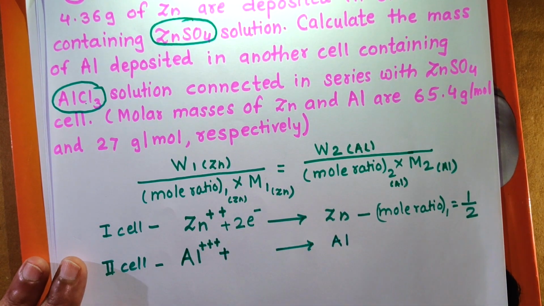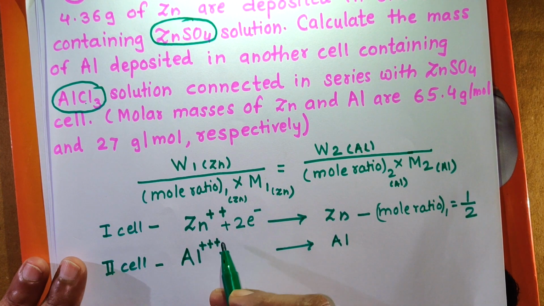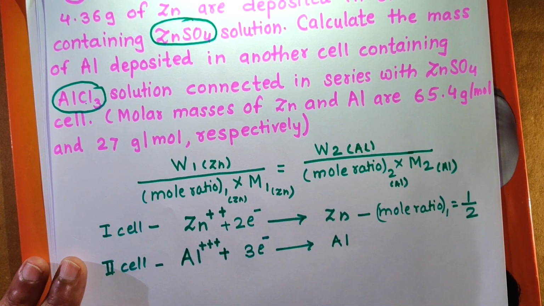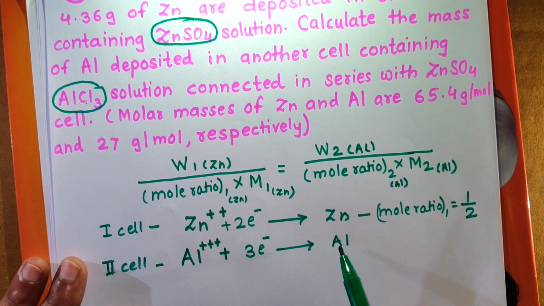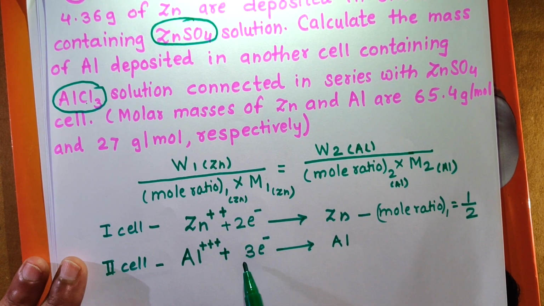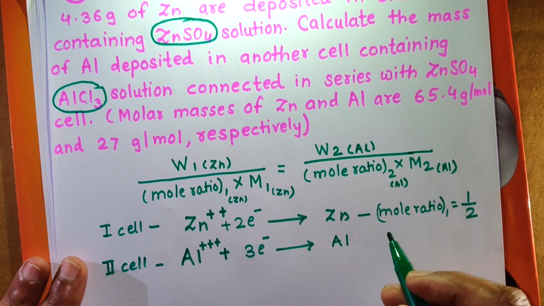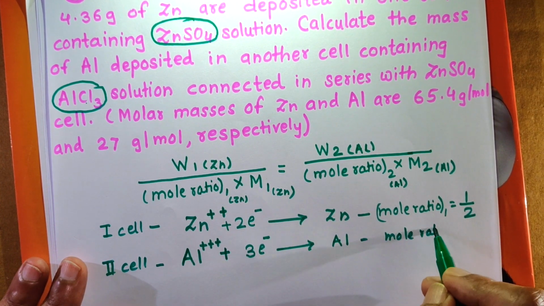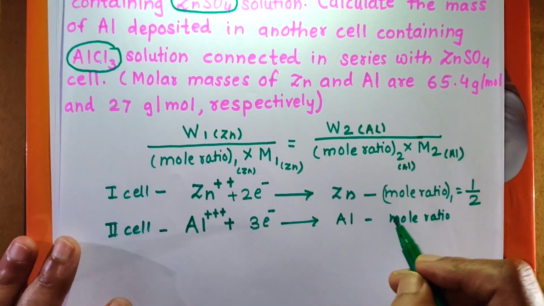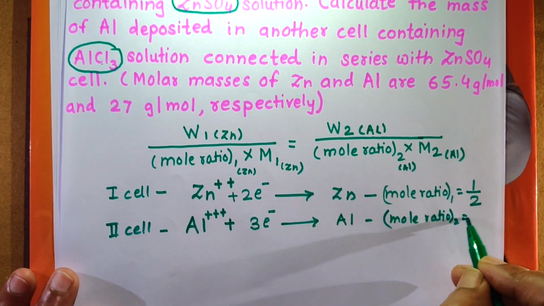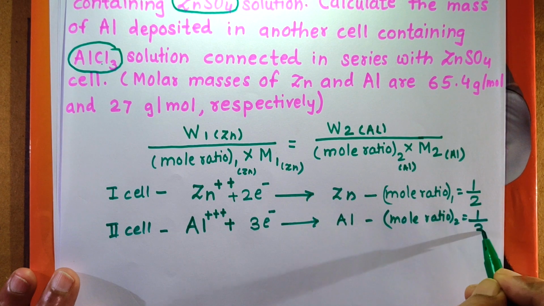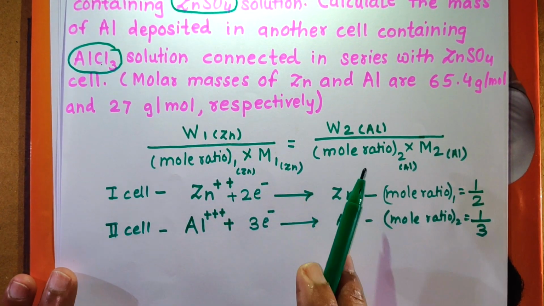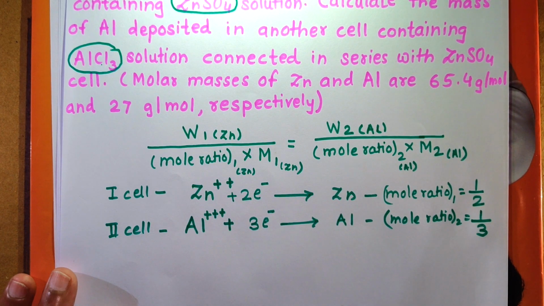How many electrons will be required here? 3 electrons, so when 1 mole of Al is deposited, 3 moles of electrons are required, and therefore in the second cell, mole ratio 2 is equal to 1 upon 3. That is, mole ratio 1 is 1 upon 2, mole ratio 2 is 1 upon 3.